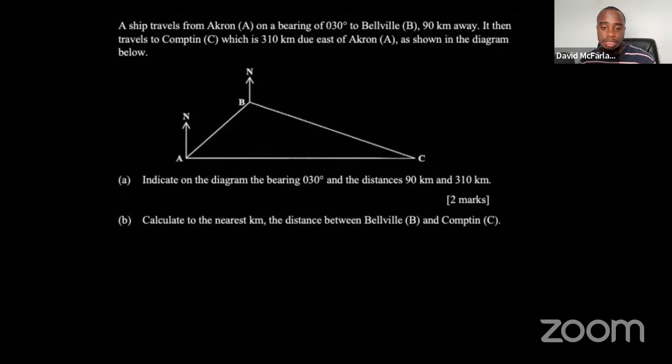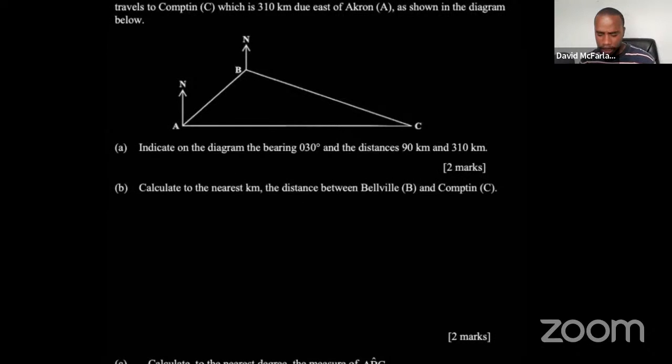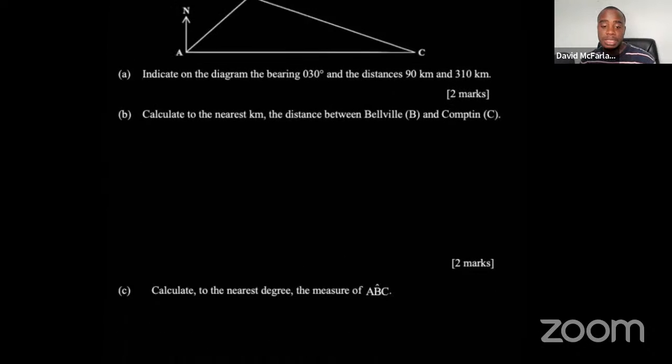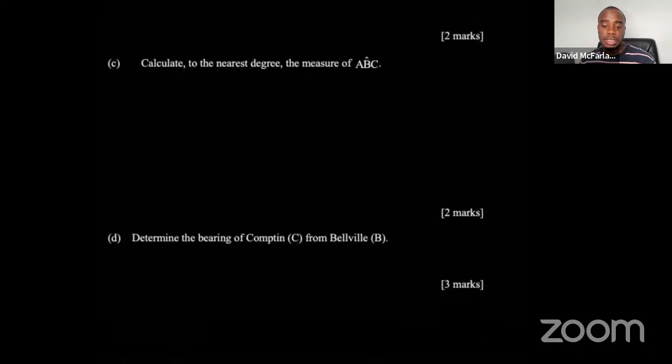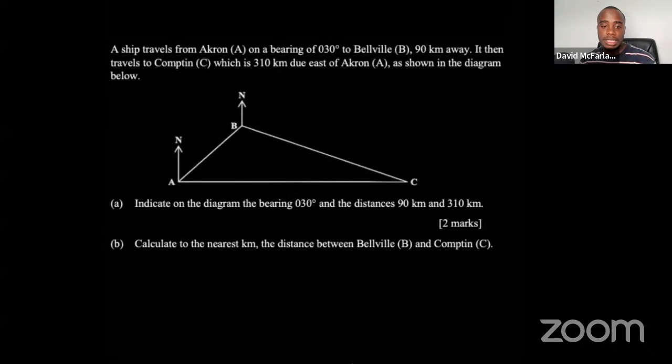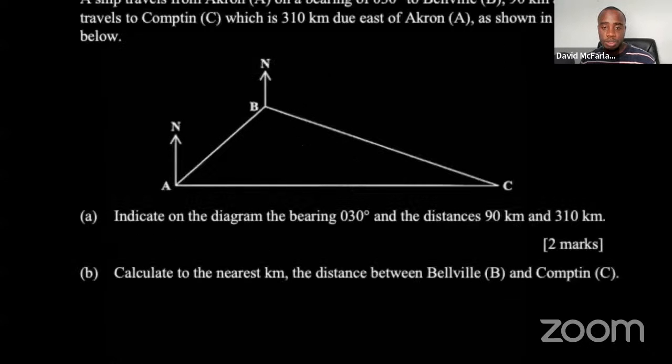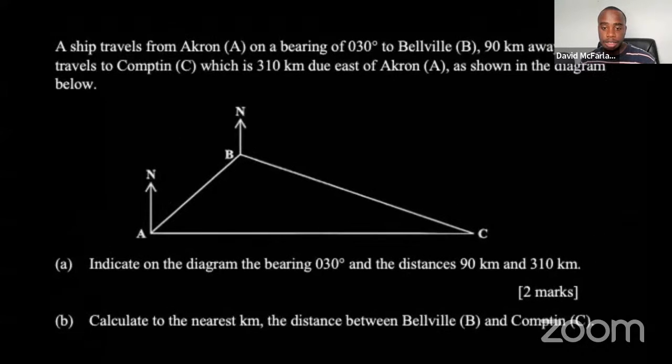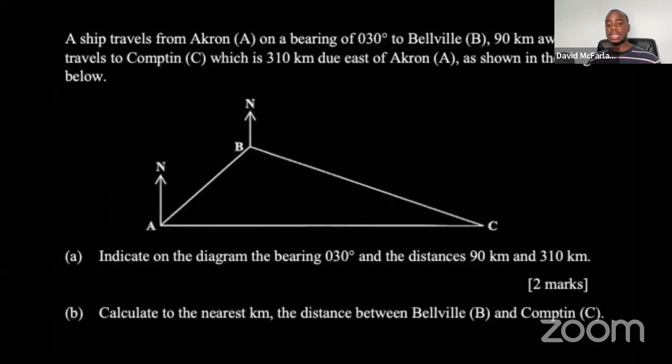We want to calculate to the nearest kilometer the distance between Belleville and Compton, and to the nearest degree the measure of angle ABC and the bearing of Compton from Belleville. So let's get started. First, we want to show the bearing of 30 degrees and the distances on the diagram. So what do we know?